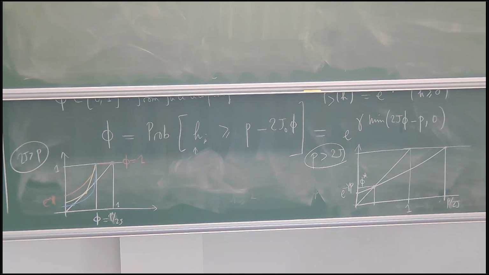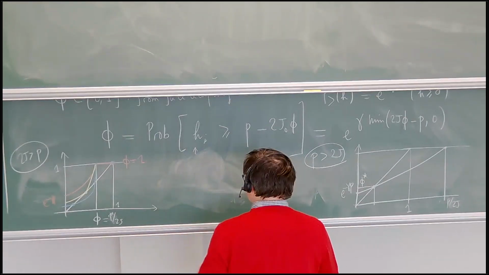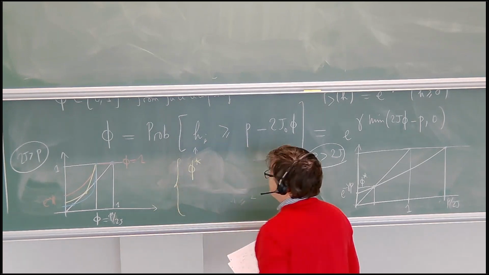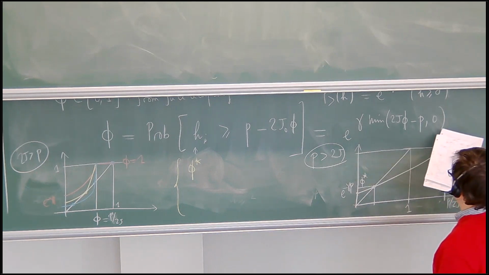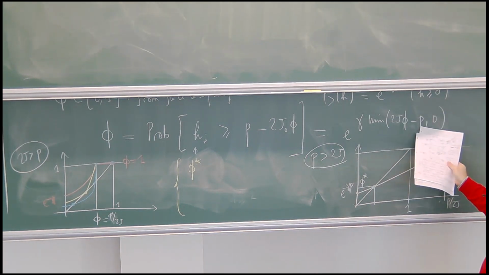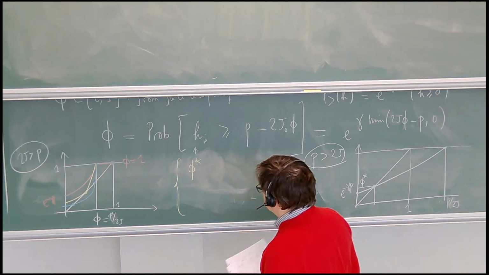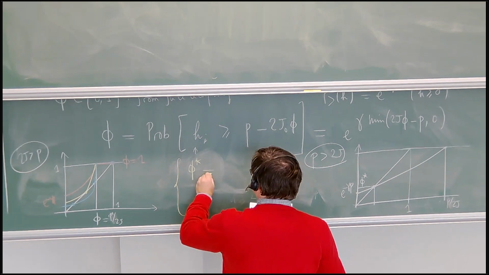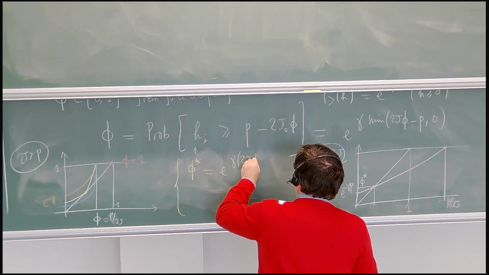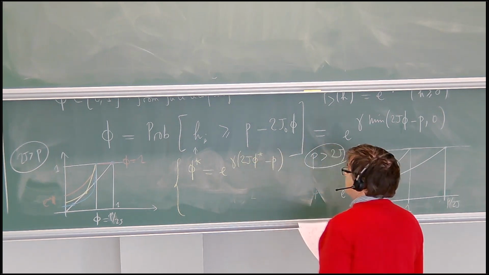Okay, so let's write the critical conditions explicitly in that case. The critical conditions are first that phi star is a solution of this equation, but a non-trivial one. So we should keep 2J phi minus P instead of 0, because it's interior to the domain. So it's exponential of gamma 2J phi star minus P. Okay.